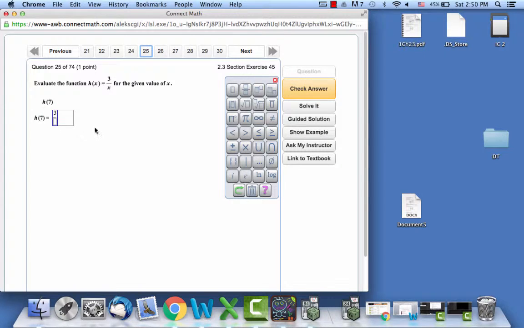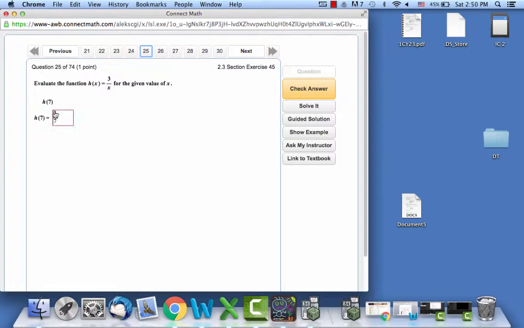The x is replaced by 7. And that's all you do is put the 7 where you saw the x. Sometimes the x shows up in a lot more places, takes a little bit longer, and there's reductions and simplifications, but in this case, put it in there, and that's it.